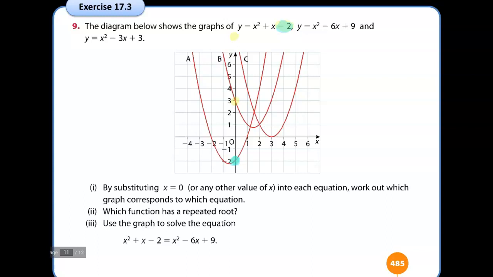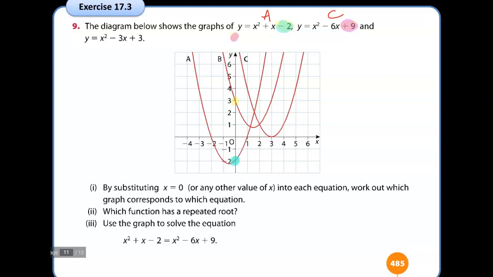So we can say this A is this first function. And then the next function we've got here has a plus 9. And we can see, well, hang on a second, C seems to do that, possibly. So the second one is C, and just to double check, we should find that the last one is going to be B. Well, let's have a look at this.